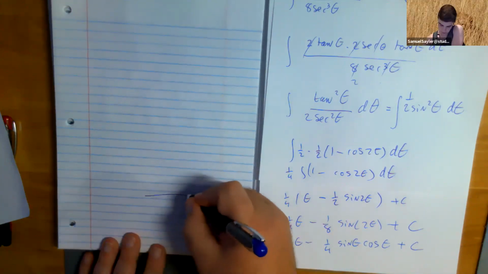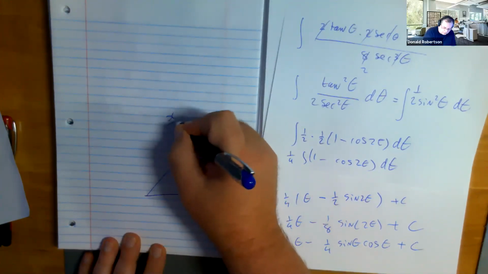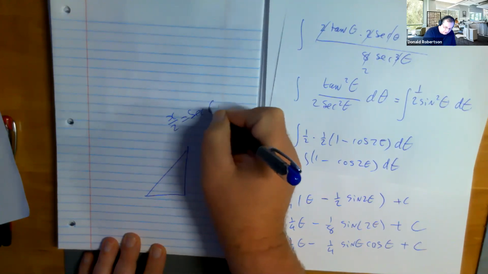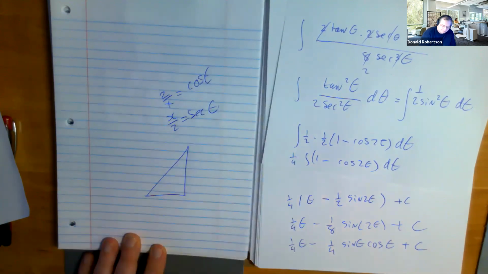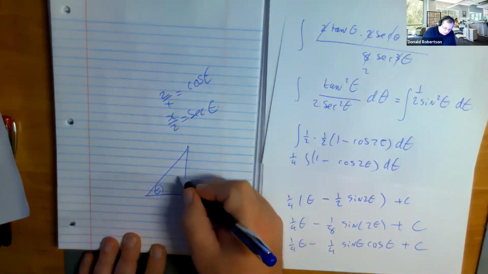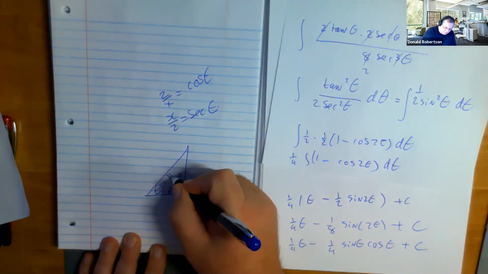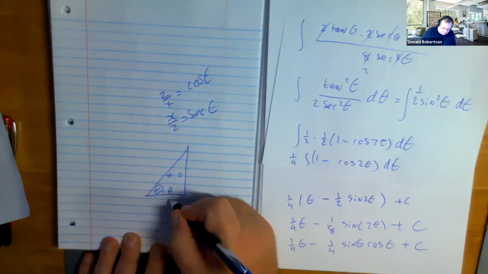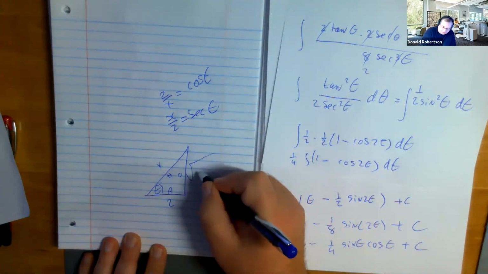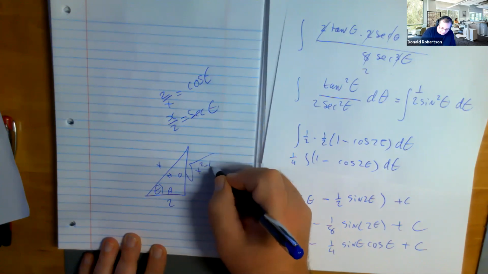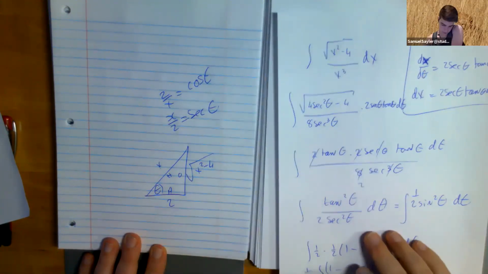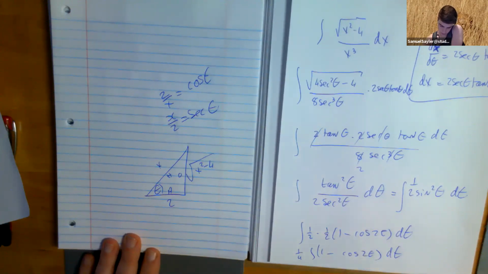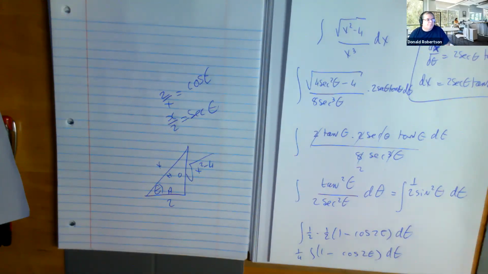Yep. Well, in this case, x over 2 is a secant, which is another way of saying 2 over x is a cosine. Mhm. So opposite, adjacent, hypotenuse, 2 over x gets you the square root of x squared minus 4, which is exactly what we want, isn't it? Yes. And so you just put all the pieces together and it should come out.